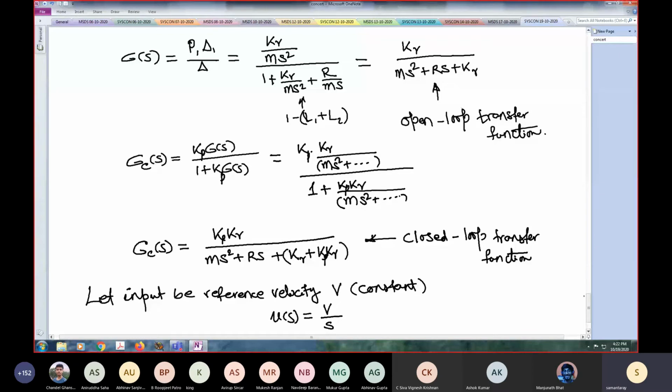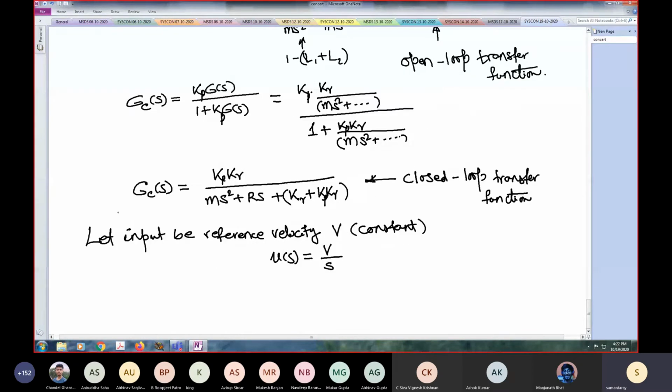So if this is U(s), then the closed loop output Y(s) is U(s) times this closed loop transfer function.